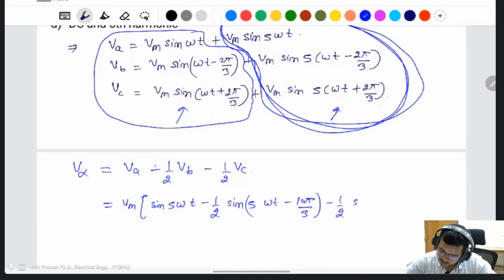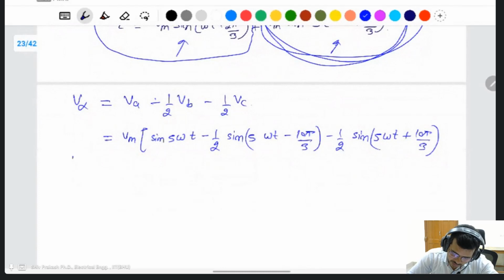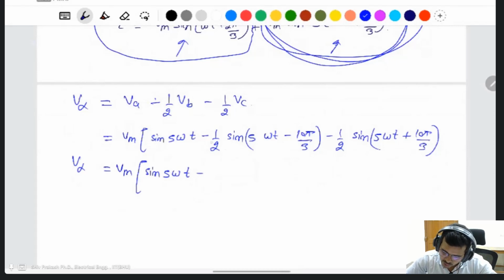Minus half sin 5 omega t plus 10 pi by 3. Minus 1 by 2 you can take common, sin a minus b is sin a cos b minus cos a sin b. If you take a minus, this will be plus.